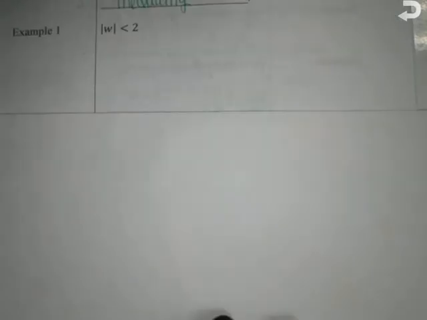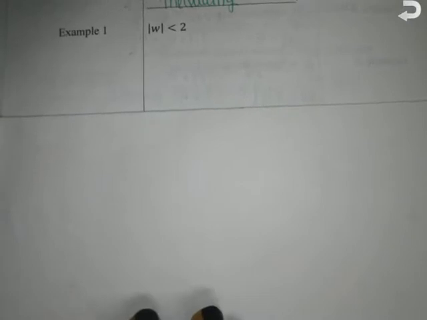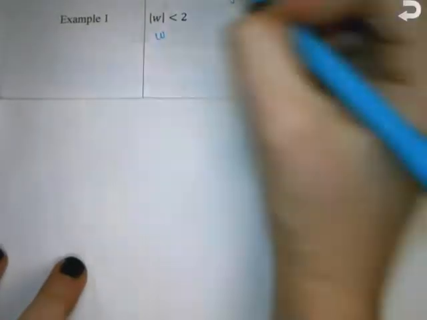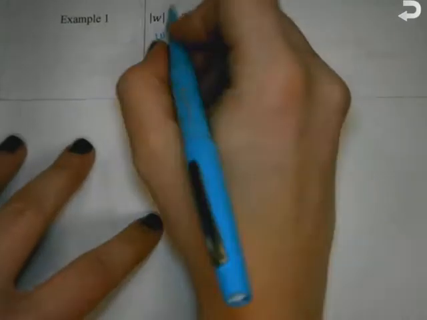Example 1. Absolute value of W is less than 2. First question, is my absolute value by itself? Yes, so I can go straight to solving. So I'm going to take the inside and set it equal to the positive and negative. So when I set it equal to, I have absolute value W is less than 2.